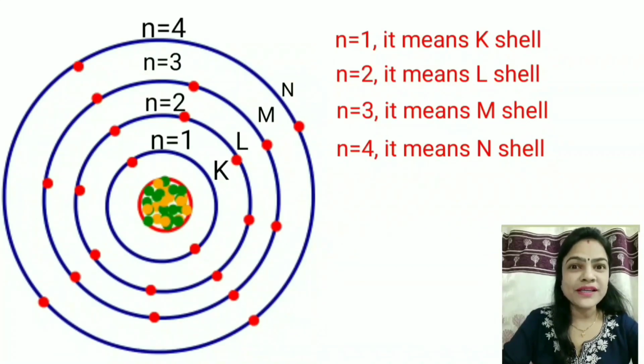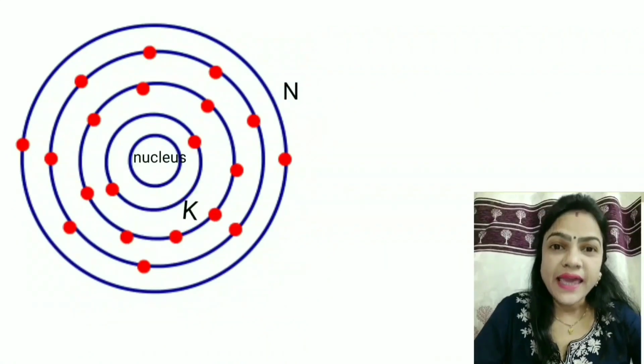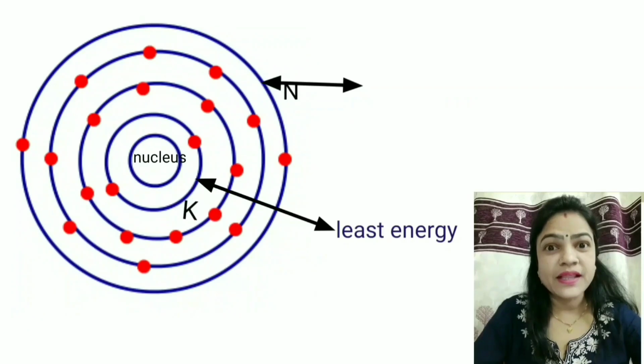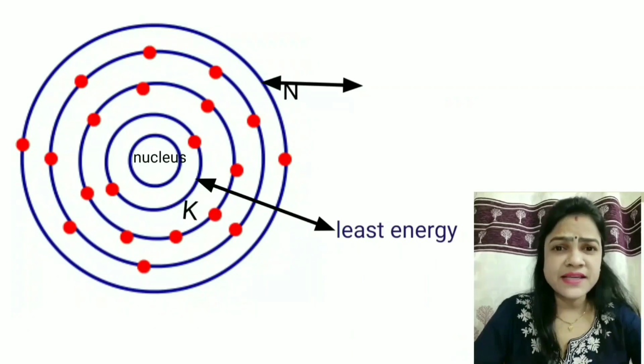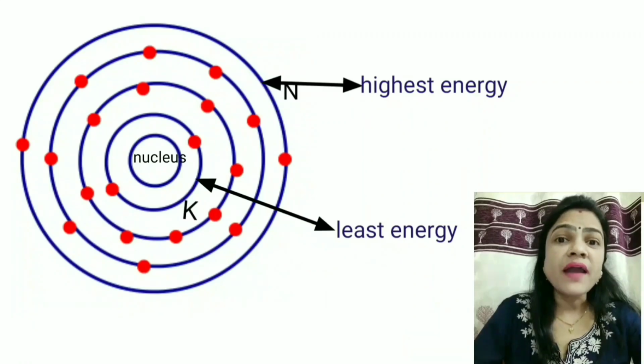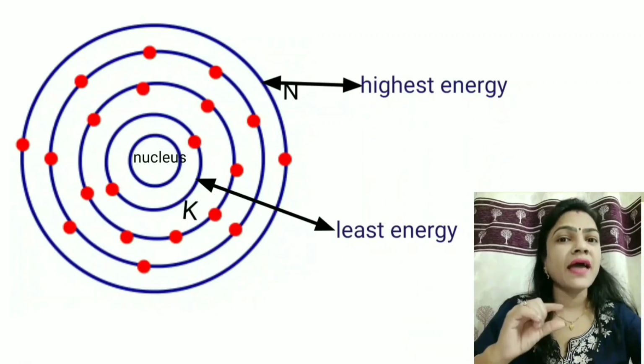Now, got it? Click the screenshot. The K shell is nearest to the nucleus and has the least energy, and those shells which are far away from the nucleus have the highest energy.